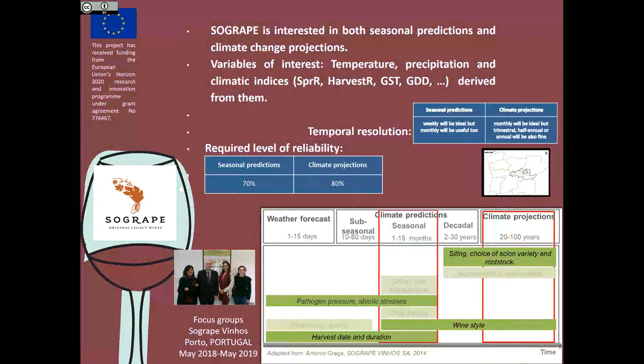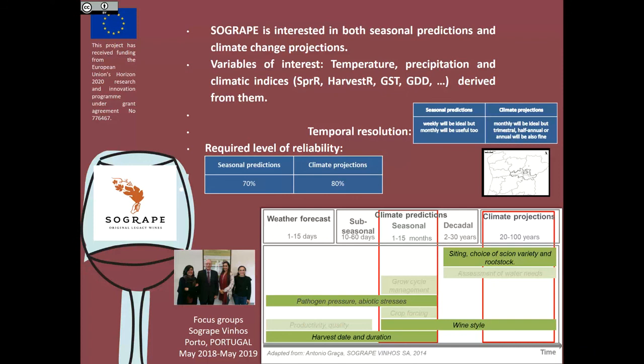Moreover, we also understood in this focus group the key decisions that they want to address with this kind of service, in particular on the time scale tackled by MedGold, the seasonal one. The key aspect of their activities is the pressure of pests on grapes, and even the harvest date and the duration of the harvesting period at seasonal time scale.